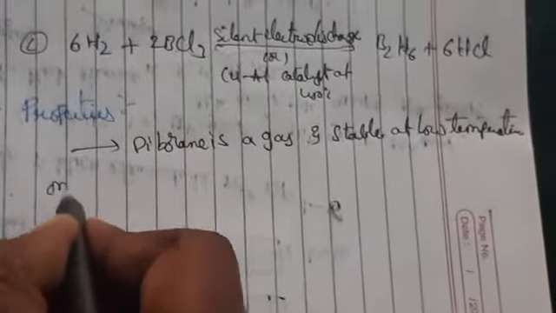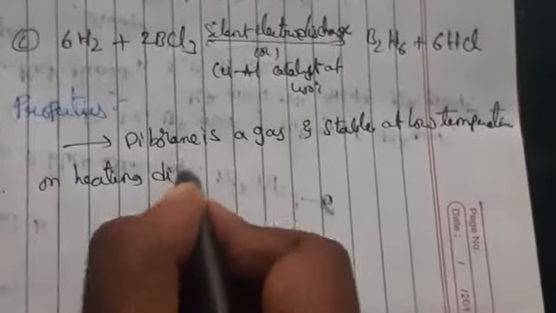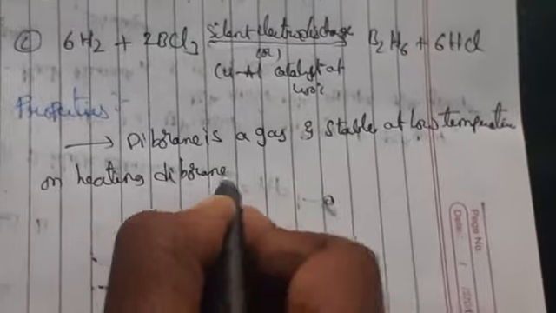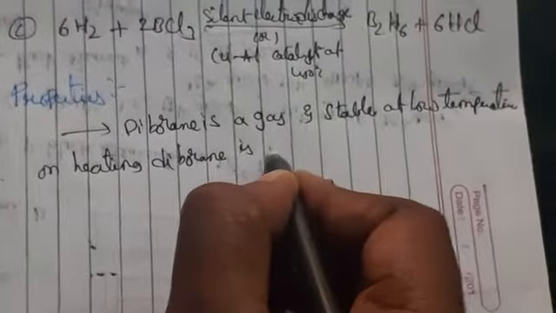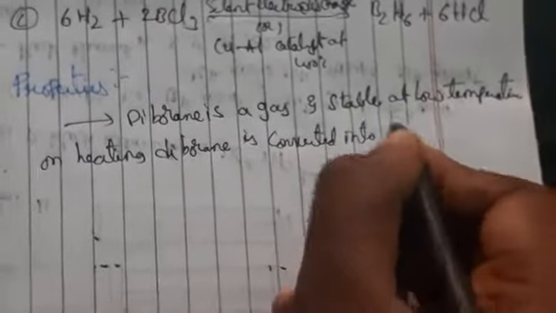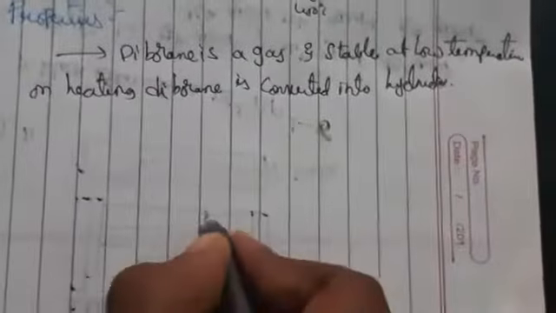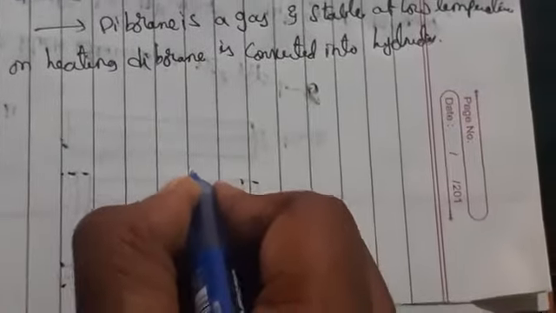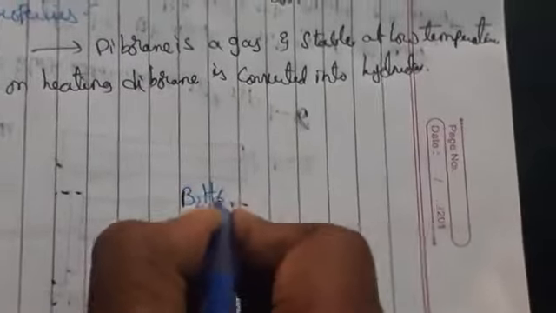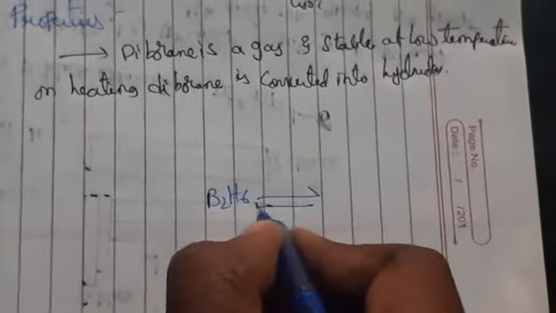On heating, diborane is converted into higher hydrides. Let us take B2H6.